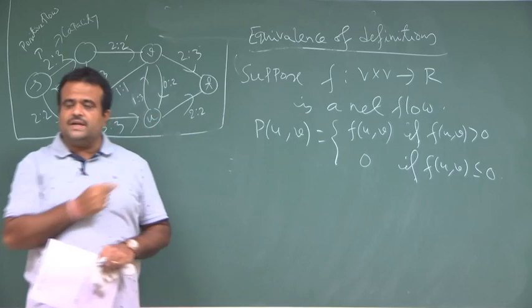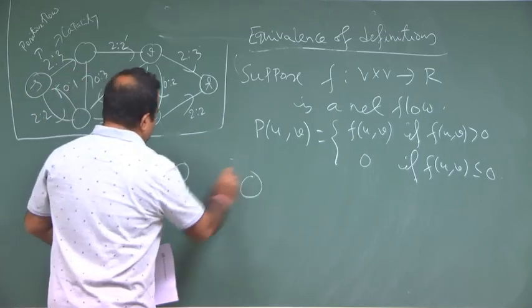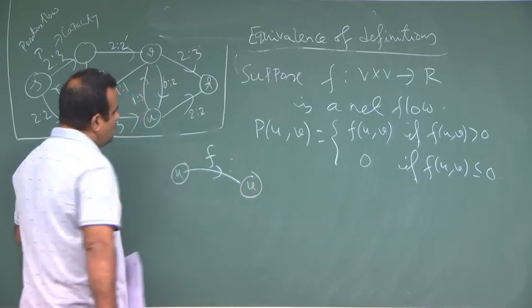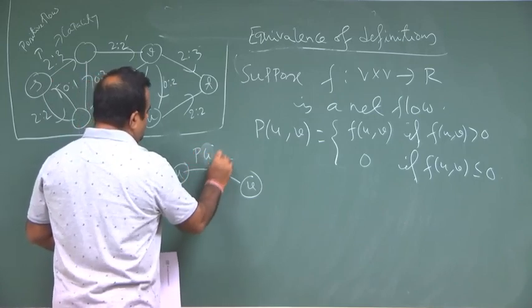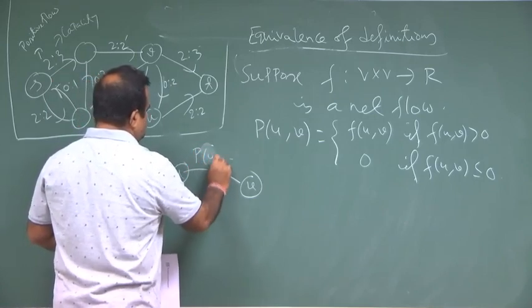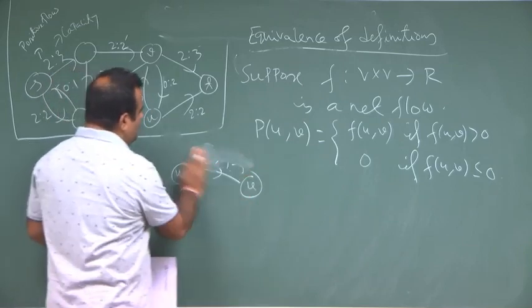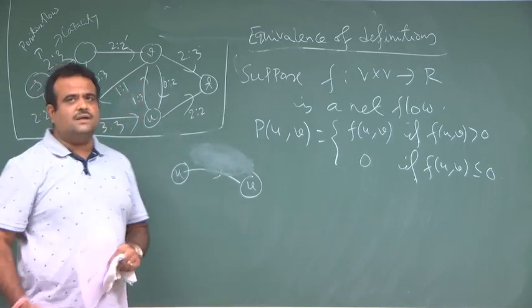That means if we have two vertices u and v with a flow f, if f is positive, then that is our p of u v. But if f is negative, then p of u v is 0. That is the way we define this.